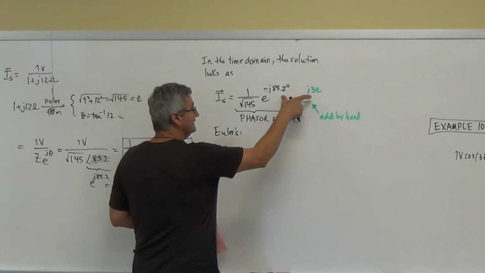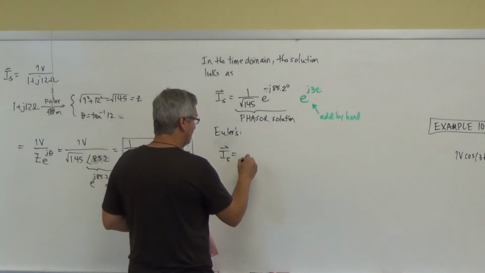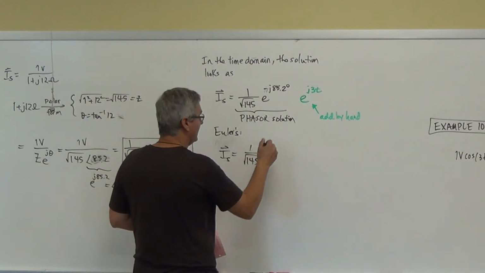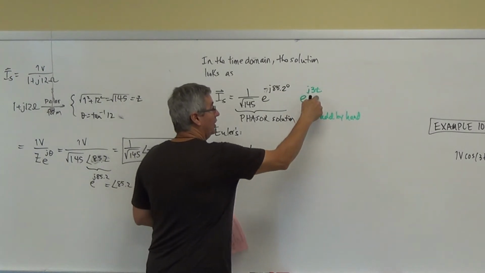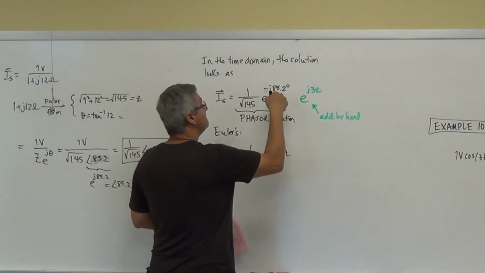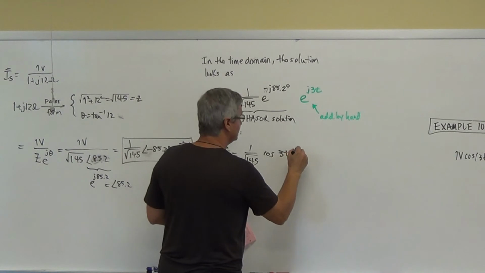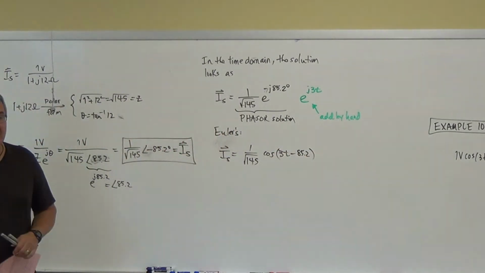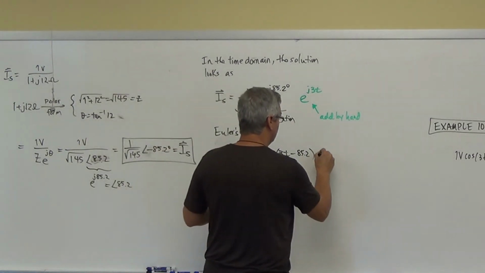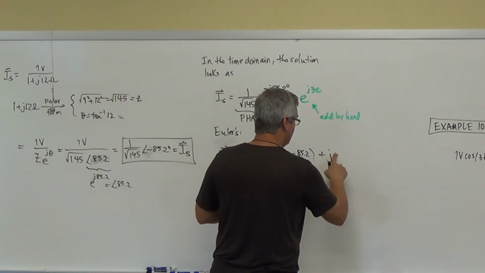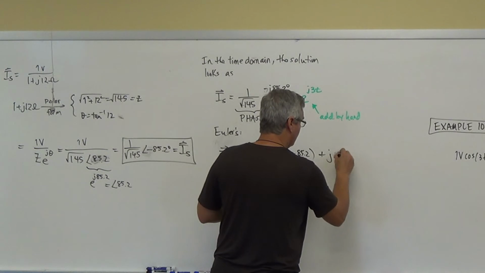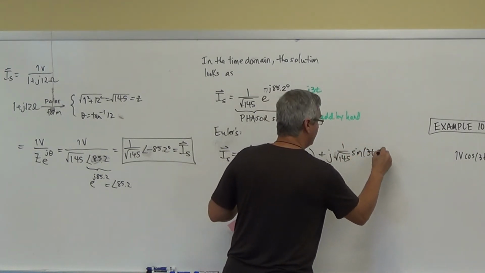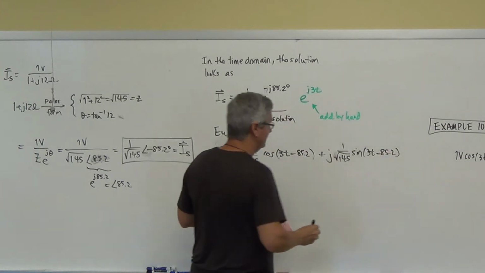I can combine these guys, and this guy is going to be 1 over square root of 145, and then I get cosine of what? 3t minus this guy, which is 85.2 degrees. And then I get the complex part, which will then be, again, 1 over square root of 145 times j sine of 3t minus 85.2 degrees.